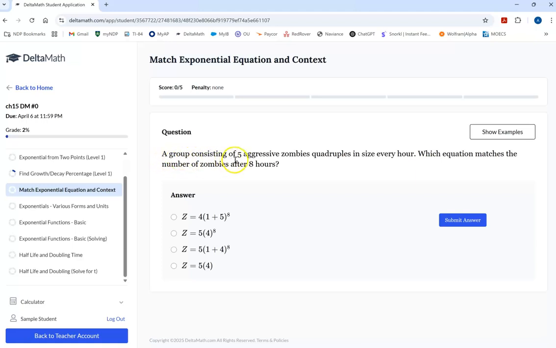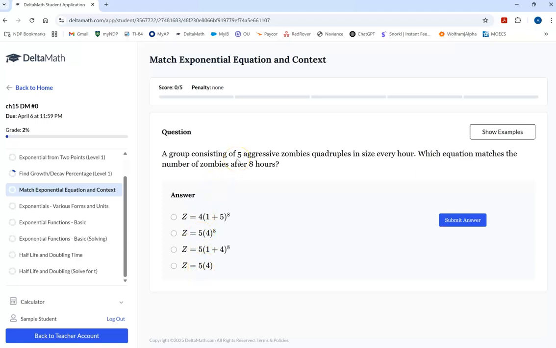A group consisting of 5 aggressive zombies quadruples in size every hour. Which equation matches the number of zombies after 8 hours? I know that the leading coefficient should be the initial amount, right?